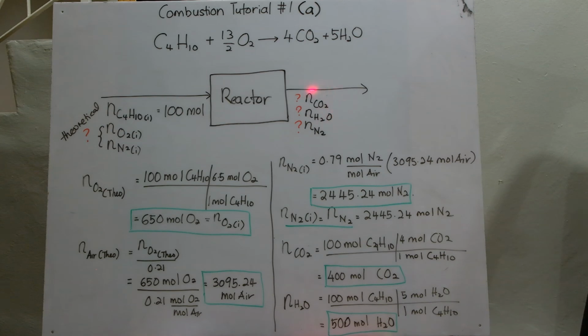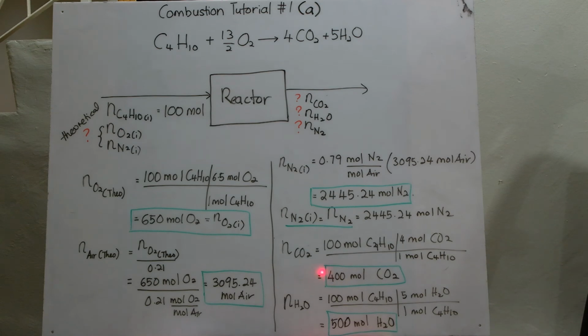To find CO2 and H2O, since butane is our reactant and it converts 100%, we use 100 mole of butane times the relationship of butane with CO2 in the equation.